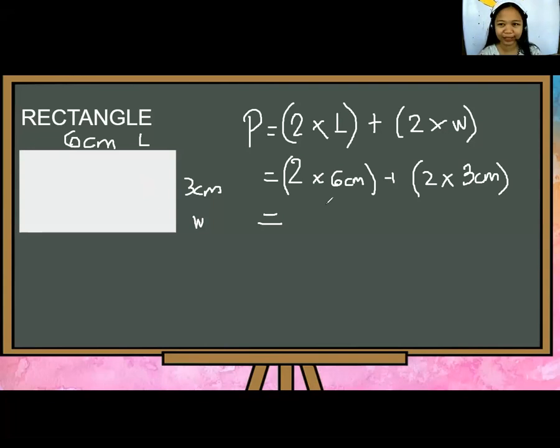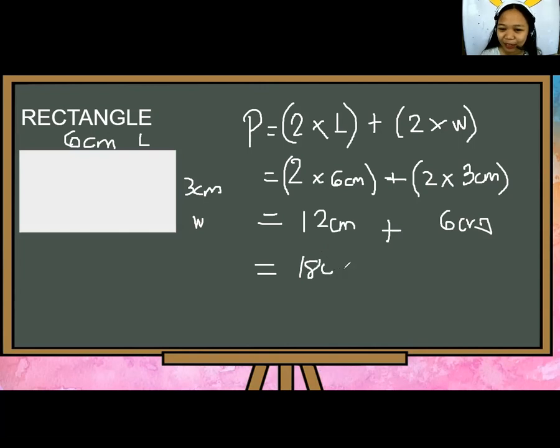What is 2 times 6? Very good job. 12 centimeters. How about the next one? 2 times 3 is 6 centimeters. Very good. And don't forget to bring down the addition sign. Okay, let's add. 12 plus 6 is 18. Great job. 18 centimeters is the perimeter of our rectangle.